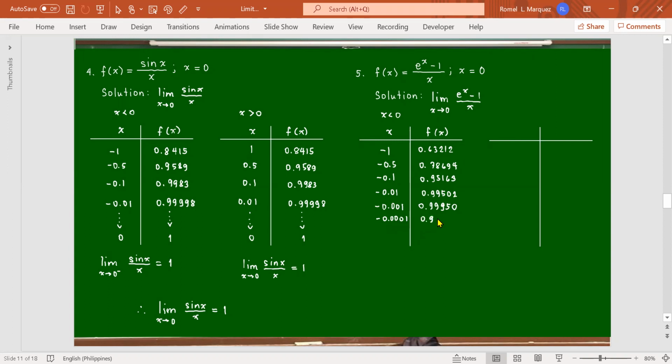So 0.99995. Okay? But there's no pattern, no? As x gets closer to 0 from the left, we have what, guys? It's going to be 1, no? So the limit as x approaches 0 from the left of e to the x minus 1 all over x is equal to 1. Okay?